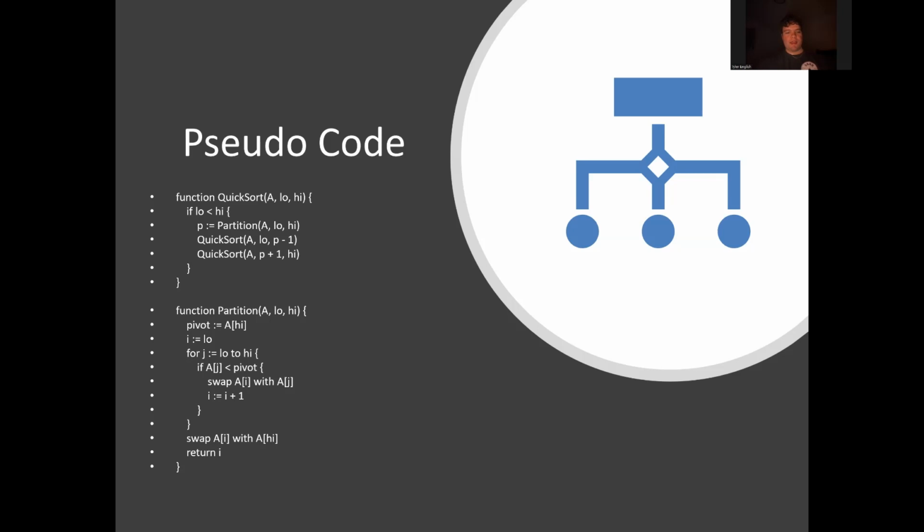If A of J is less than pivot, then we would swap A of I with A of J, meaning we would take the lowest one and swap it with J. Then I would equal I plus 1. So we put the lowest values first. The last thing is swap A of I with A of high, and then return I.